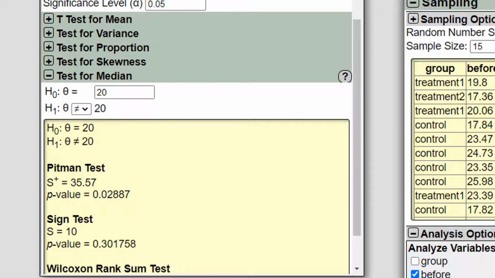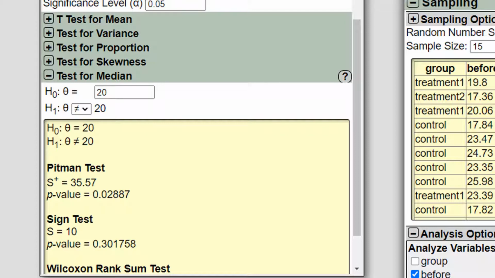Very briefly, the Pitman test is a non-parametric test where the null hypothesis is that the median of the population is 20. Under the null hypothesis, every observation is equally likely to have been above or below the median. That's the idea of a median.